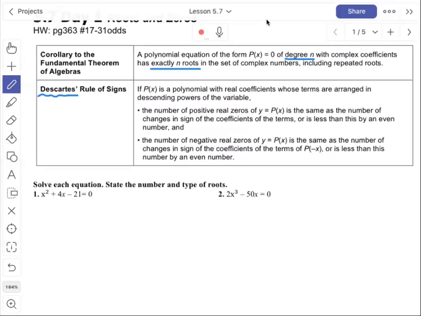All right. I'm going to read it to you. It's not going to make a lot of sense, but then hopefully after I show examples, you can go back and it'll make more sense. Okay. So let me read it to you.